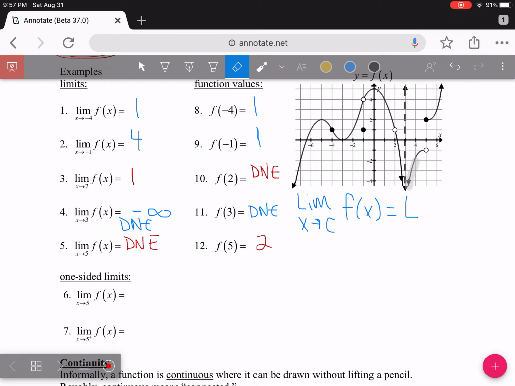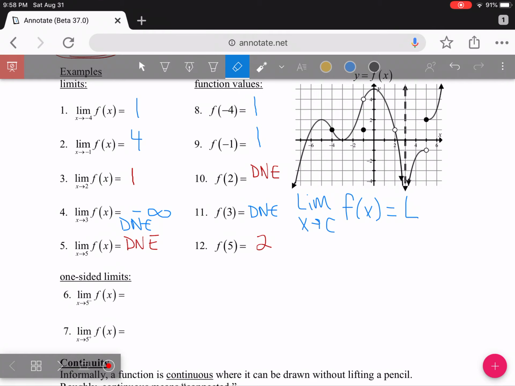But when we have something like this, we can look at the limits from either side, and that's called a one-sided limit. So we don't just have to look at it from both sides. We can say, what is the limit as x approaches 5 from the left, or from the negative side? And then we could say, what is the limit as x approaches 5 from the right, or from the positive side?